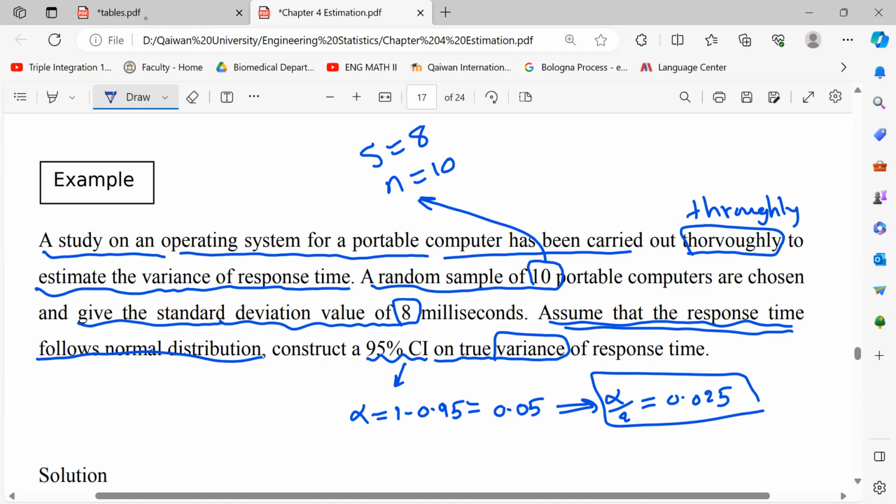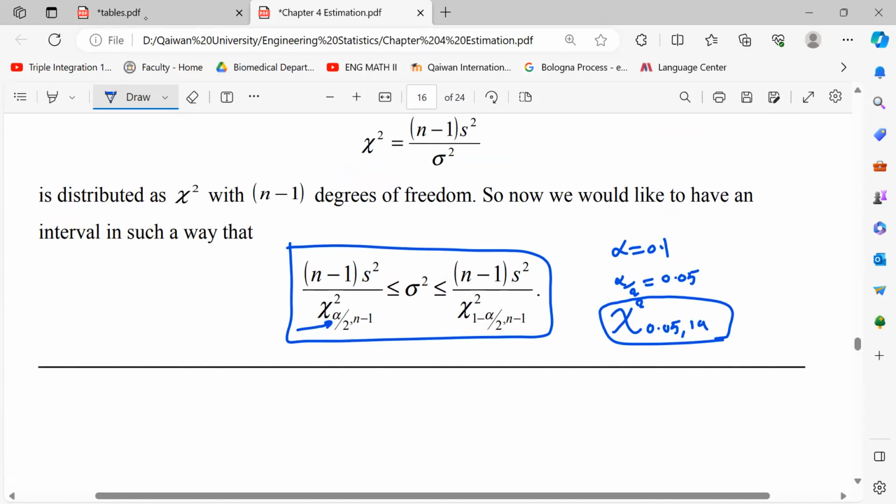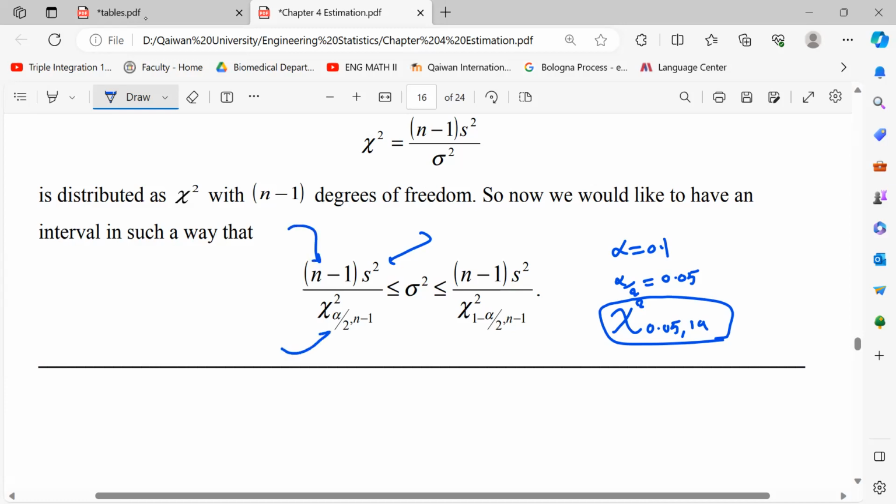We have alpha over 2, n and S. Let's return to the rule. You write down the rule and look at the rule if you need anything else. What else do we need? We have S, from which we can get S squared. We have n given, and we found alpha over 2. Everything is given.